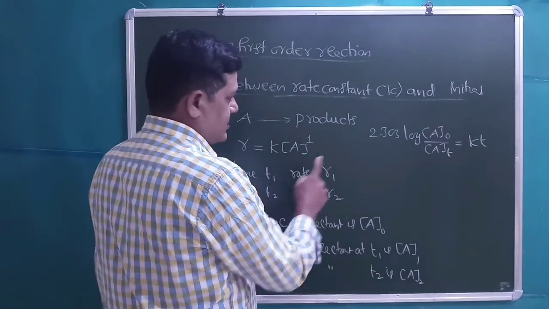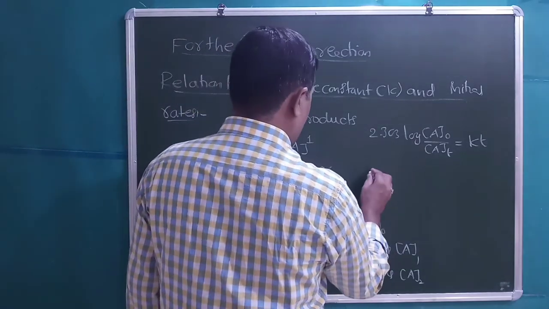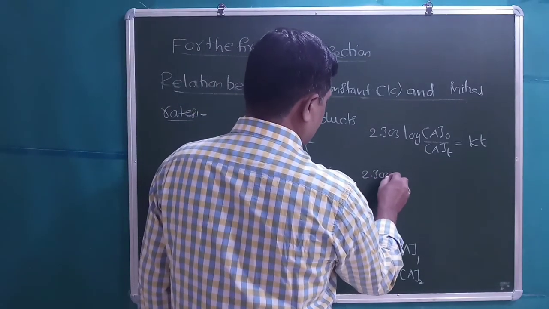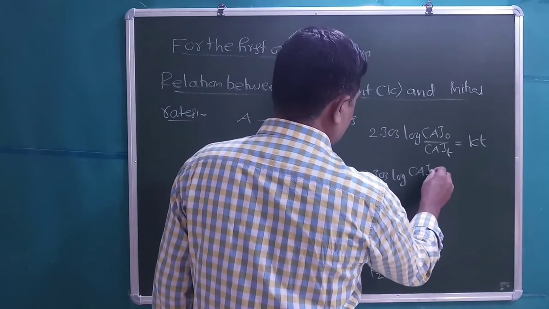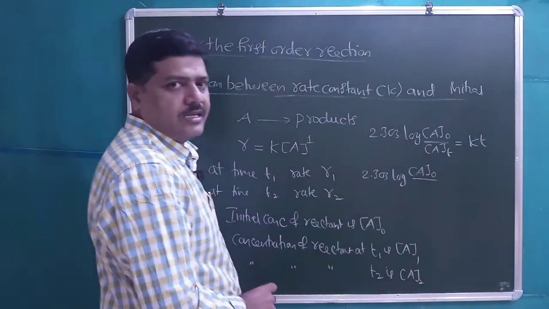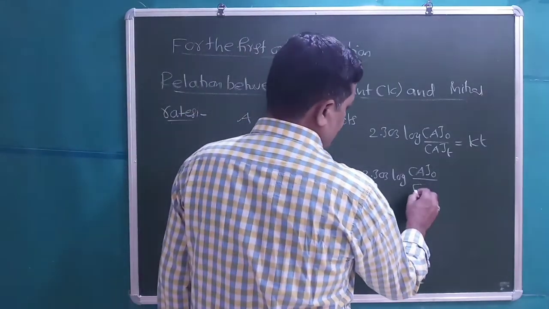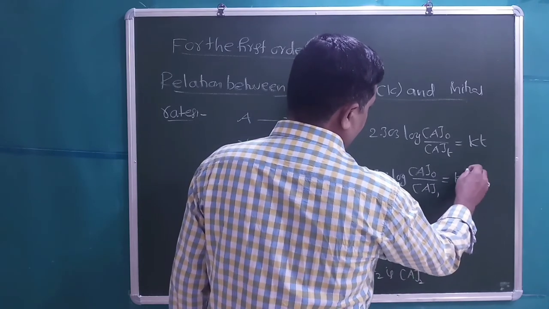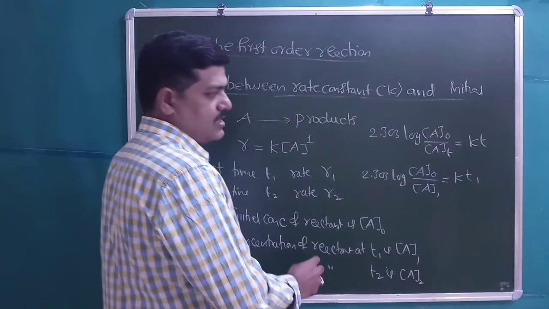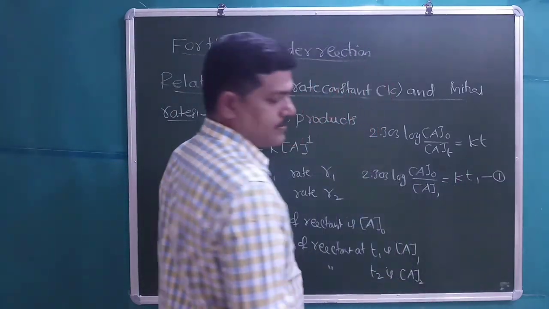When we apply this equation for the time t1, we will get 2.303 log A0, the initial concentration, divided by the concentration of reactant at time t1, A1, is equal to K into time t1. Let us assume this as equation 1.